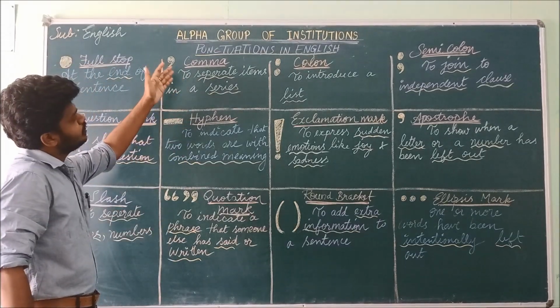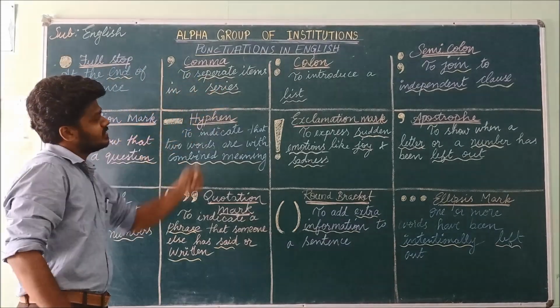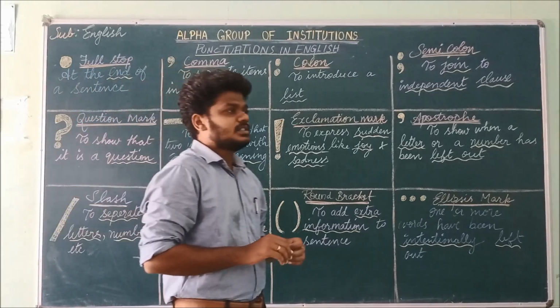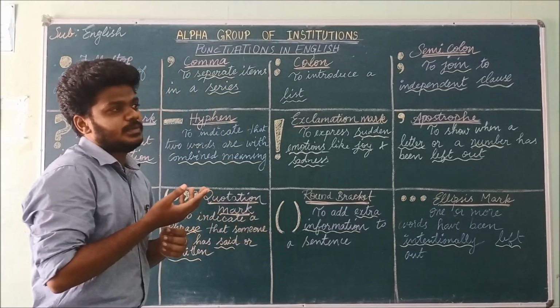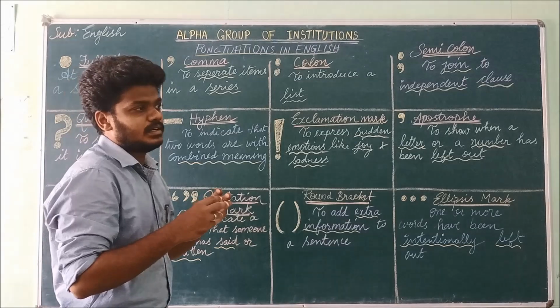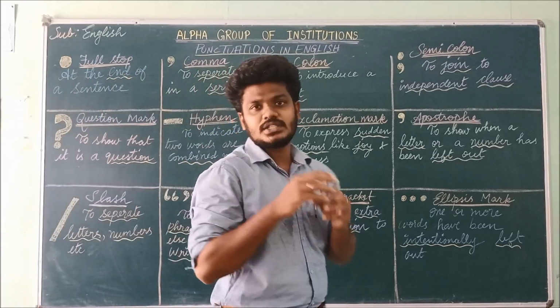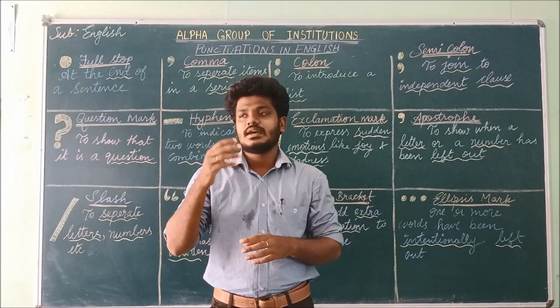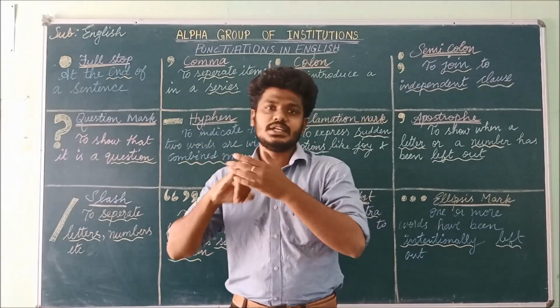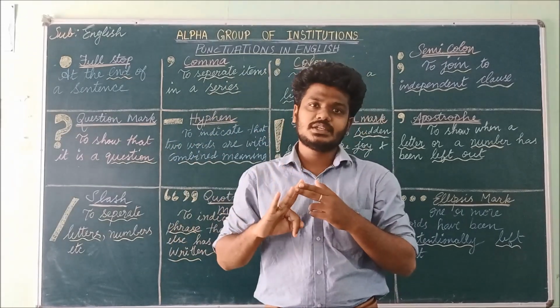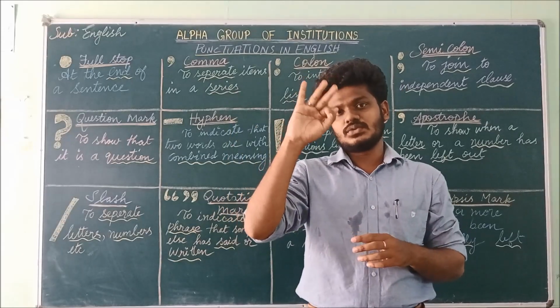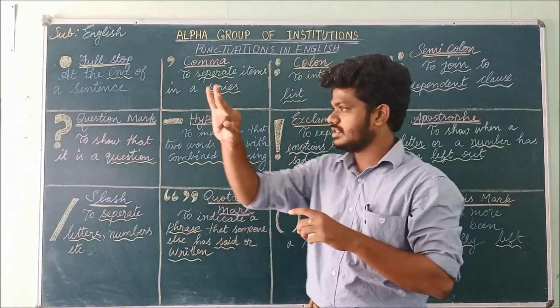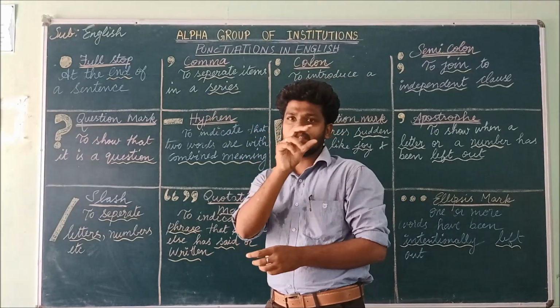The comma is used to separate items in a series. For example, comma will be used in a sentence like: the girl went to the shop and bought 3 dresses, and the colors are green, yellow, and pink. So these 3 colors, green, yellow, and pink, come under a single series.